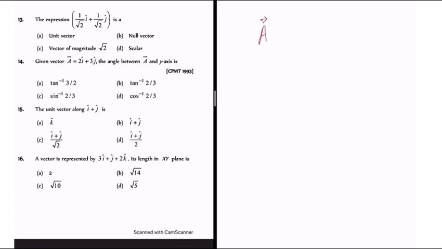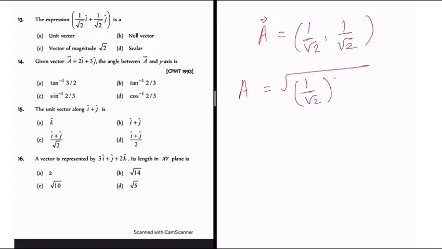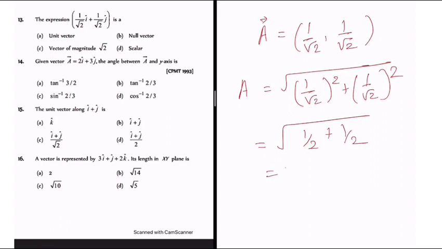Say vector A is 1 by root 2, 1 by root 2. Magnitude is 1 by root 2 whole square plus 1 by root 2 whole square. That is root 1 by 2 plus 1 by 2. Root 1 is 1.